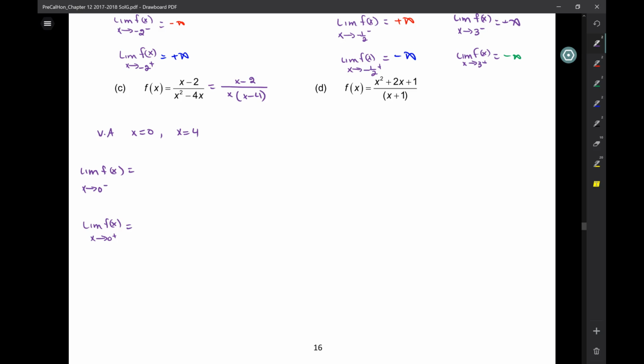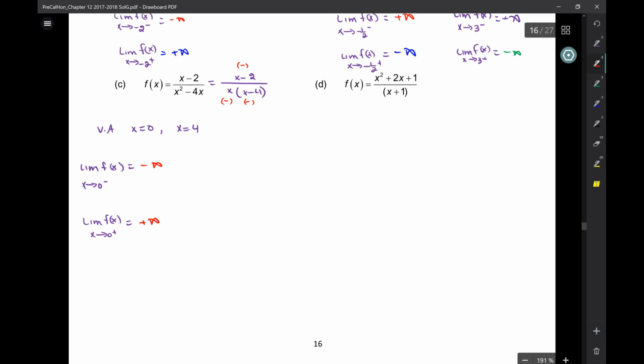From the negative side, I get negative. So from the negative side, we're looking at, let's say, negative 0.1. So here it'll be negative, negative, negative, so that's negative infinity. And from the other side, if it was positive 0.1, then I get negative, negative here, which will be positive, and this will be positive as well, so it will be positive infinity.